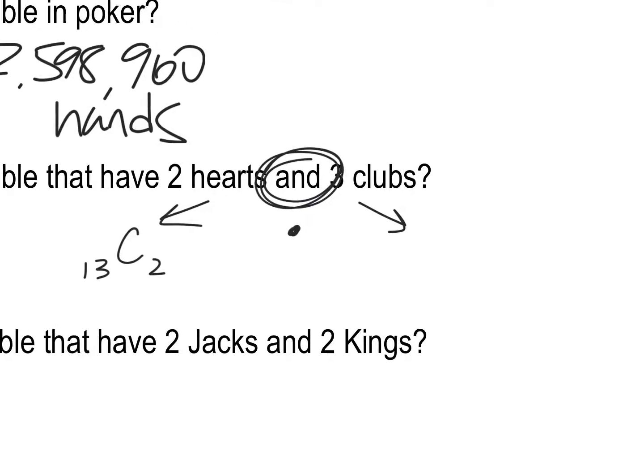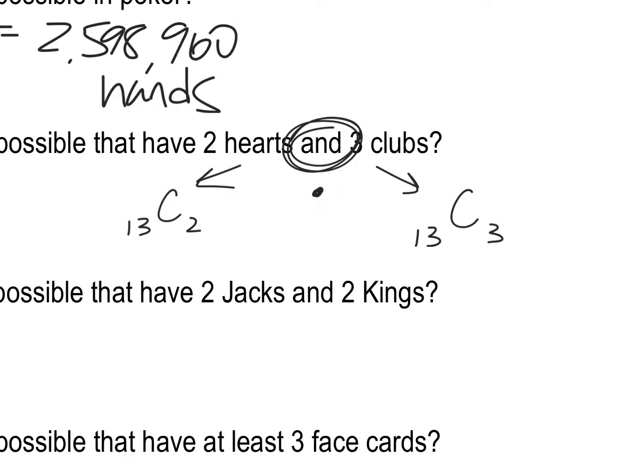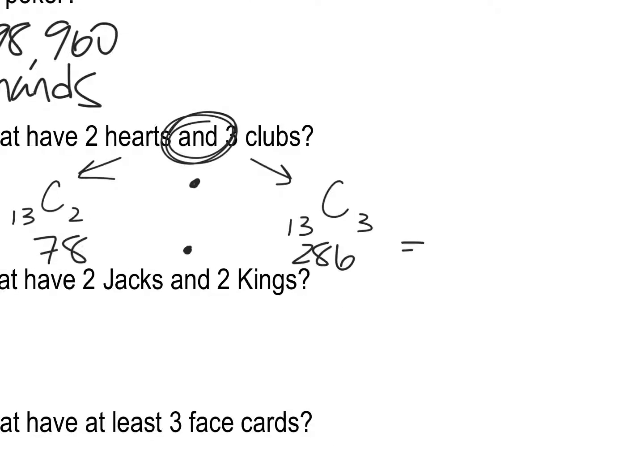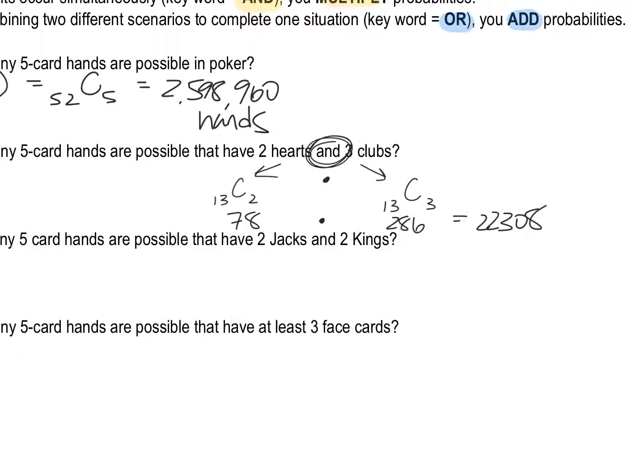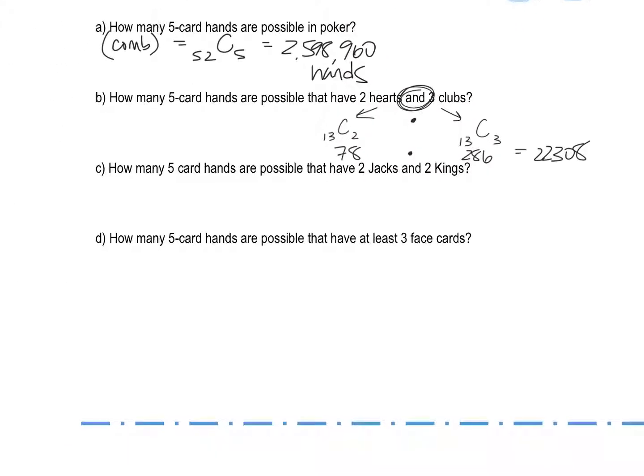And then for 3 clubs, there are 13 clubs also, and I want to choose 3 of them. So here we are doing 2 different kinds of mathematical operations. In the calculator, 13 choose 2 is 78, times, in the calculator, 13 choose 3 is 286. When you multiply those together, you get a pretty large number, 22,308.